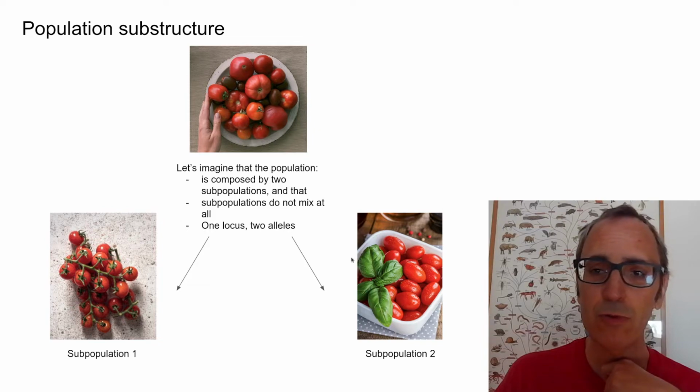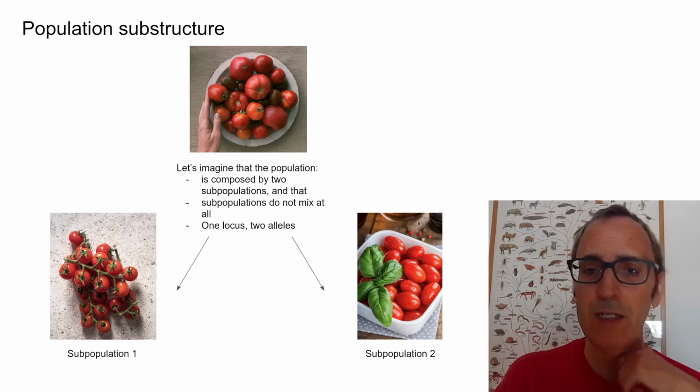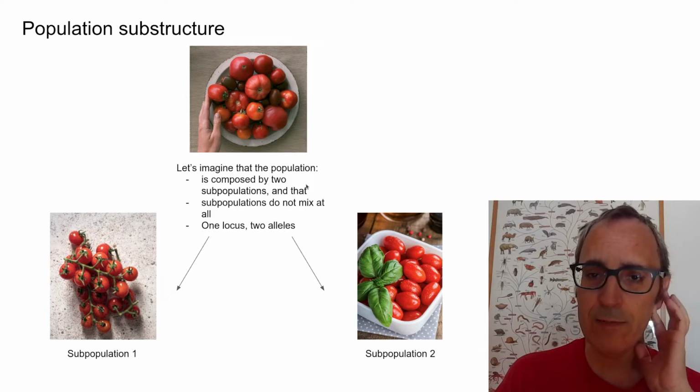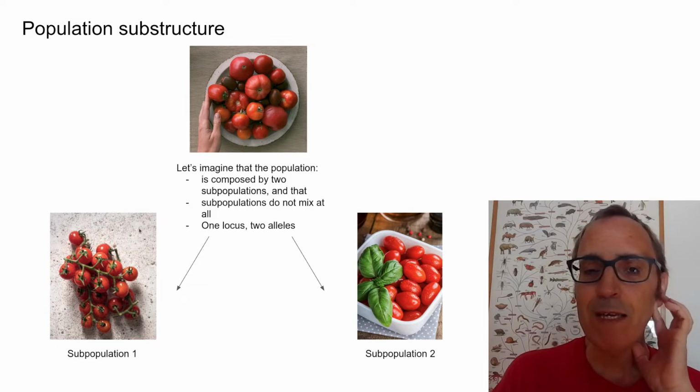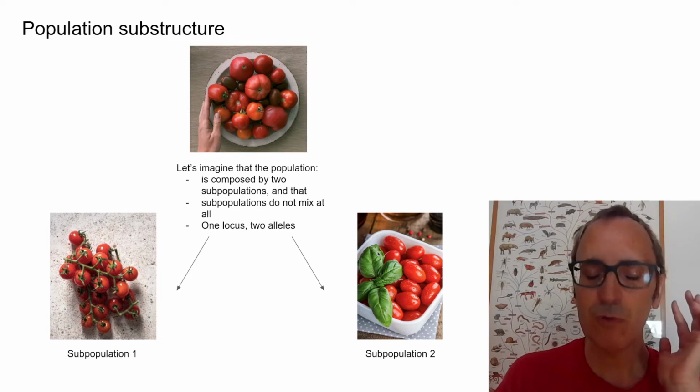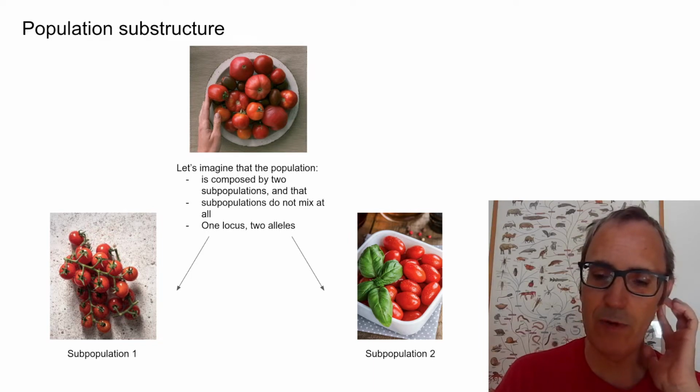You have two subpopulations. Imagine that we are studying a locus with two alleles, and in order to make it very easy, let's imagine that these two populations do not mix at all. These will be two completely isolated populations.